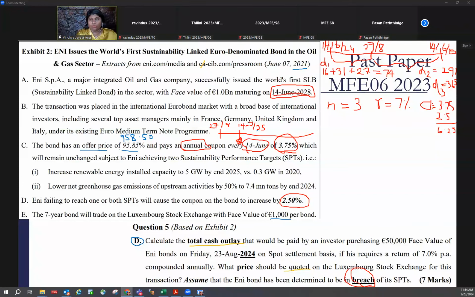That is the coupon rate. So what is the coupon? 1,000 into 6.25 is $62.50. Now I can put it to my equation.